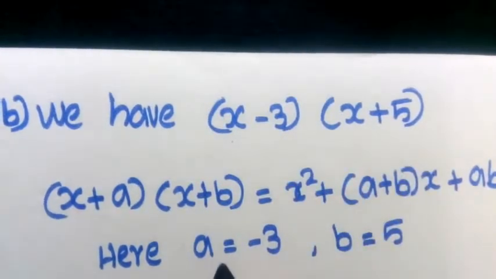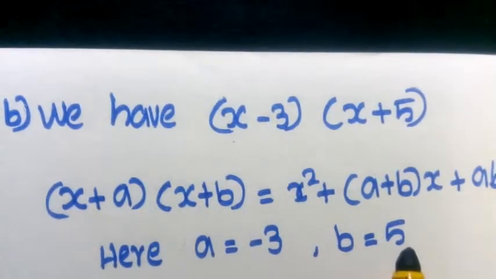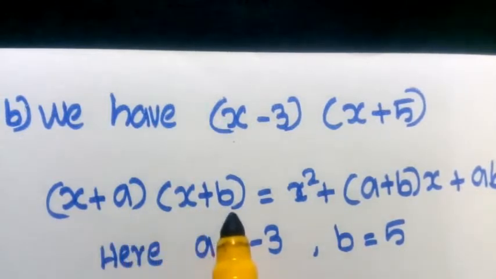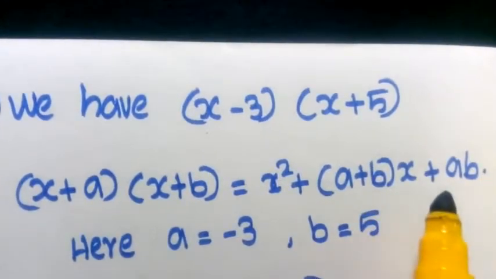Let us consider a is equal to −3 and b is equal to 5. So here we can use identity 4: (x + a)(x + b) is equal to x² + (a + b)x + ab.